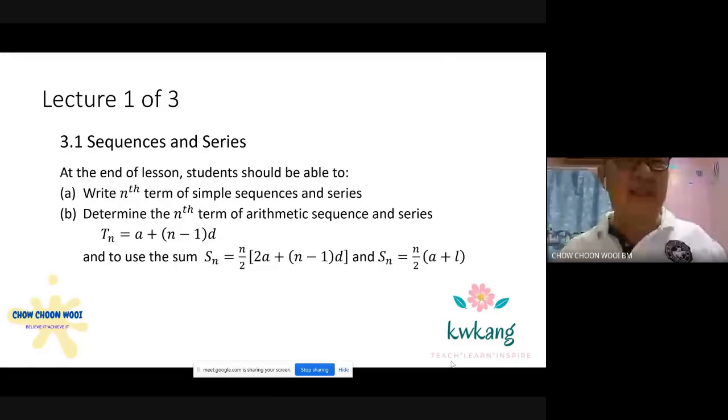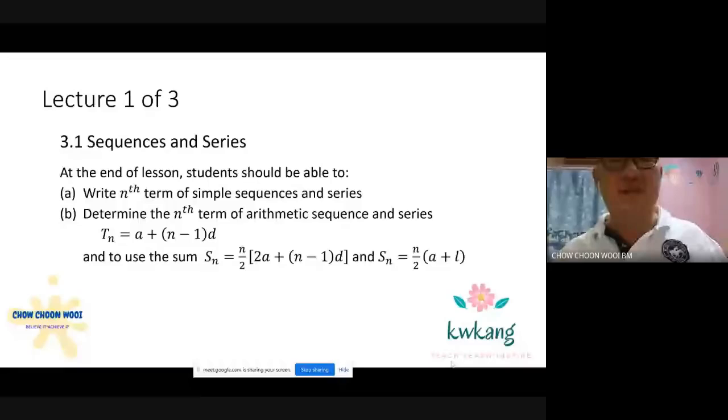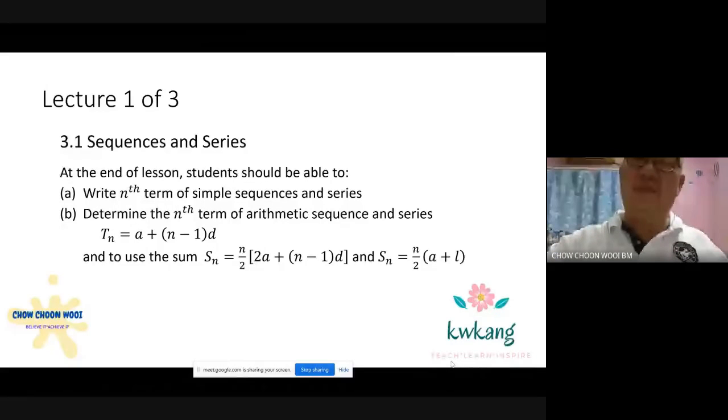And determine the terms of the arithmetic sequence and series, where Tn is equal to a plus (n minus 1)d, and to use the sum, Sn is equal to n over 2 times (2a plus (n minus 1)d), where n; the Sn is equal to n over 2 times (a plus l), where l is the last term.